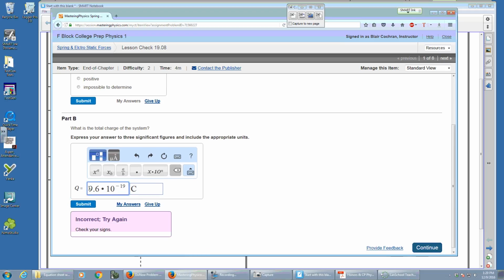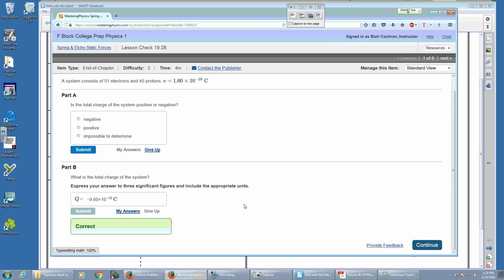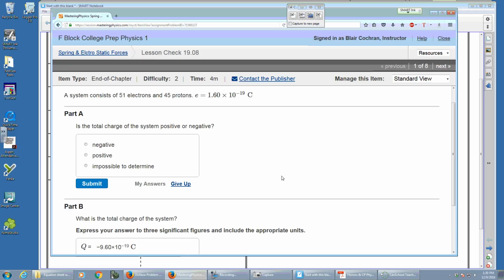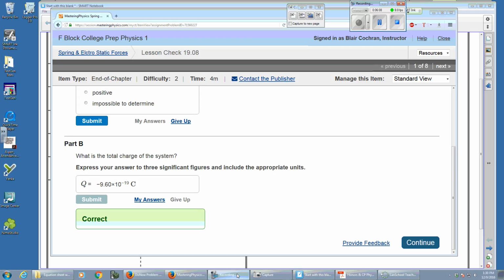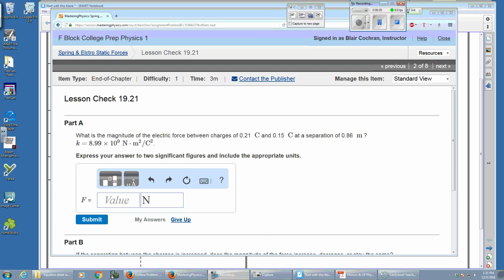Oh, I forgot that would be negative, right? Because why is it negative, not positive? Because I have extra electrons. Yep. So there's more electrons. Yep. All right, so on to number 2.